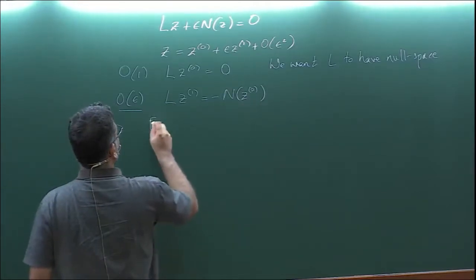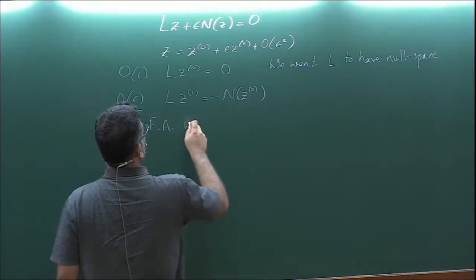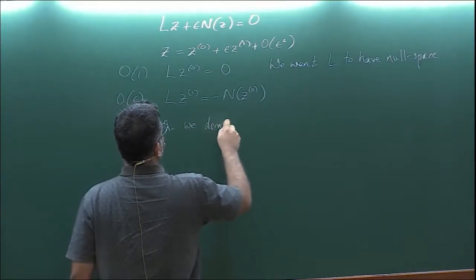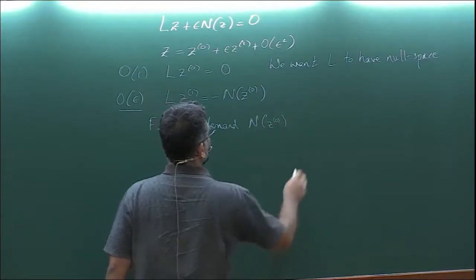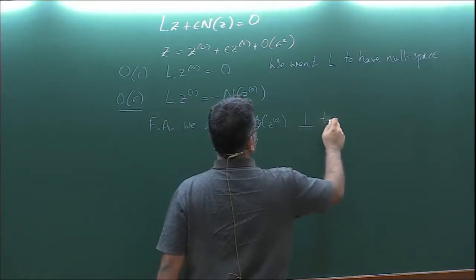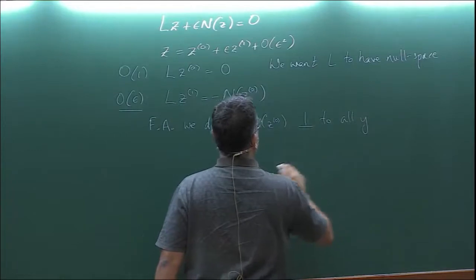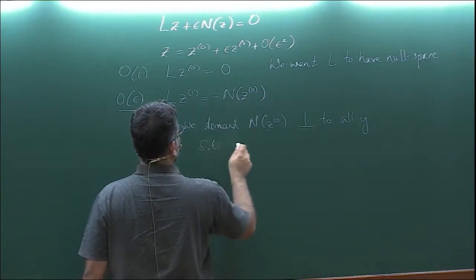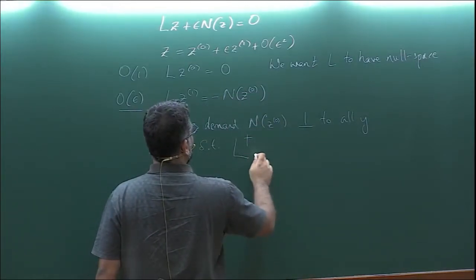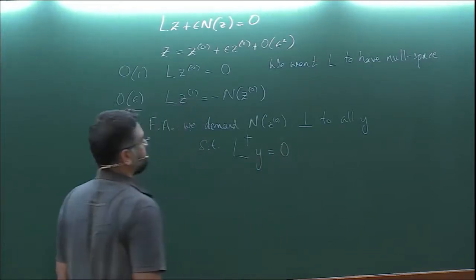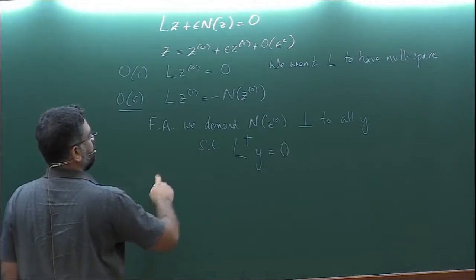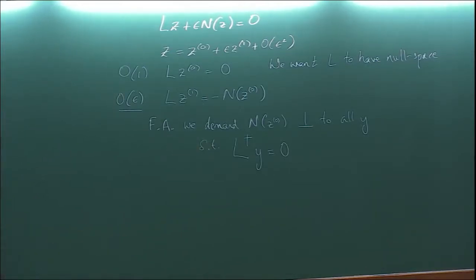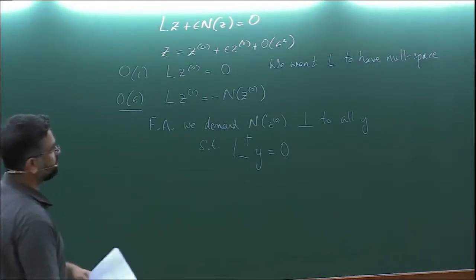So from the Fredholm alternative, we demand N of Z0 to be perpendicular to all y such that L adjoint y is 0. Right? So this is a requirement from the Fredholm alternative just to allow for the existence of solutions.